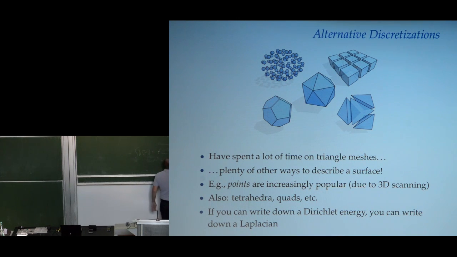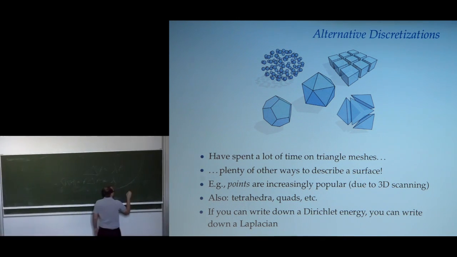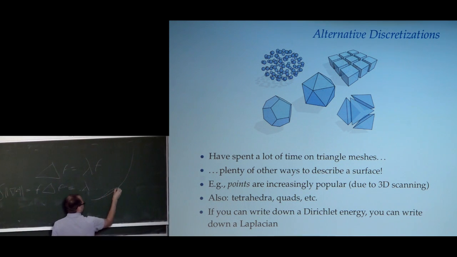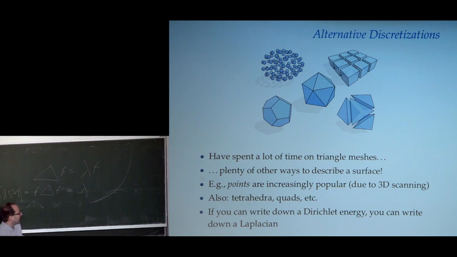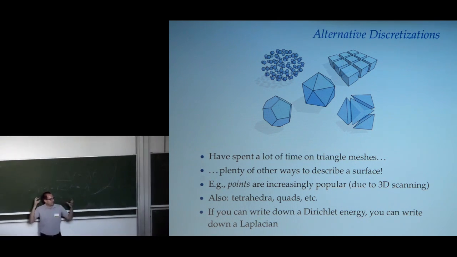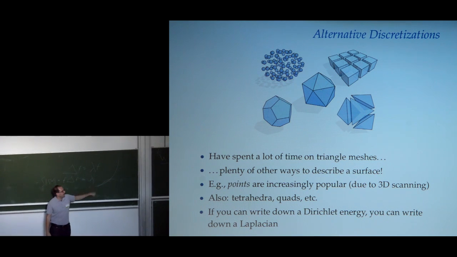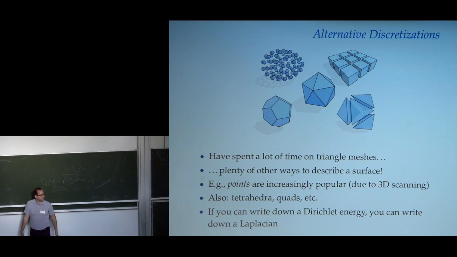The sphere spectrum maybe looks like this, and the discrete sphere spectrum maybe looks something like that. If you have a higher resolution sphere, you're going to get more accurate, so more of your eigenvalues are accurate for longer than with a coarser version. So absolutely, you won't get the same, but the low eigenvalues will be more or less the same, because those are faithfully encoding information about the geometry, not about the discretization.